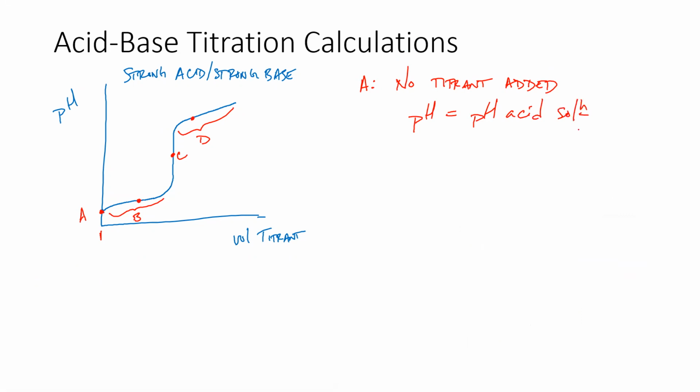Now, because I'm doing an acid-base reaction here, I'm saying the pH of the acid solution. If you had started with a base, it'd just be the pH of the base solution. And that's easy enough to do because it's a strong acid. pH is equal to negative log concentration. I'm just going to abbreviate strong acid as SA.